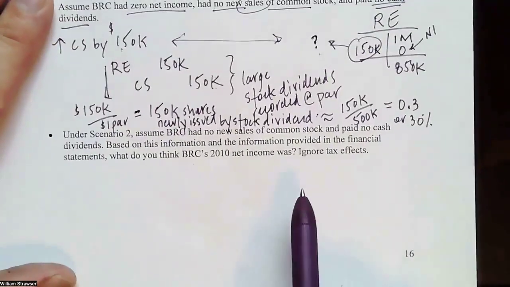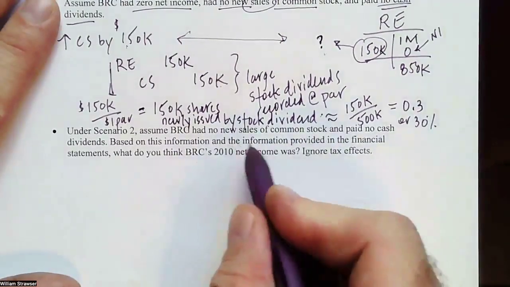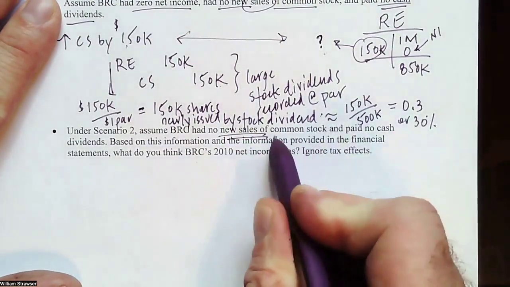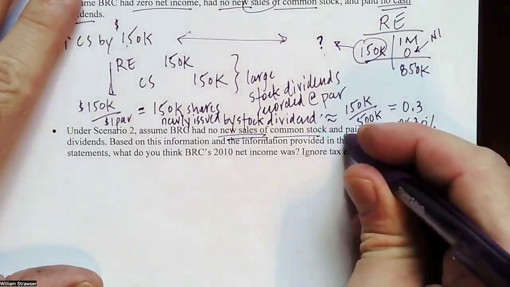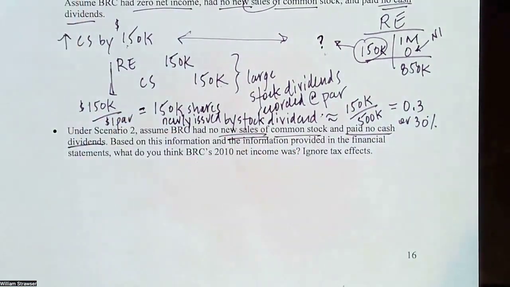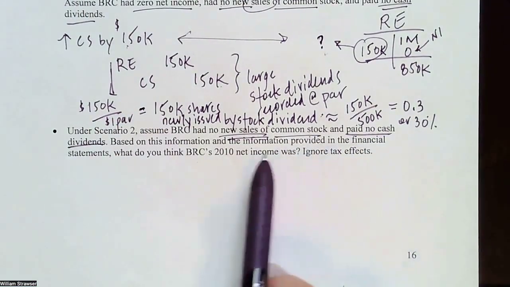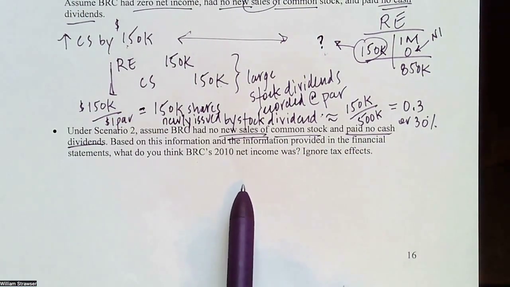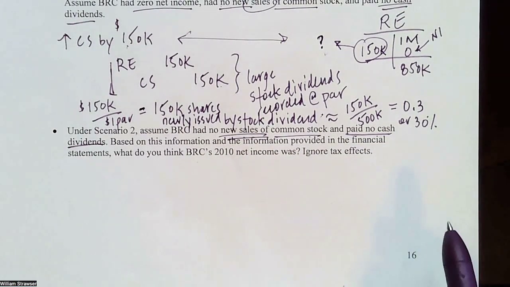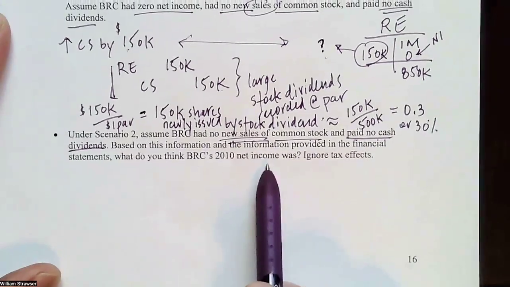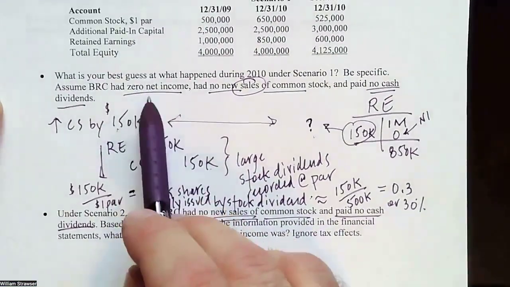The second scenario, okay, again, assume no new sales of common stock. So we didn't issue it for cash. They pay no cash dividends, so we rule that out. Based on this information and that provided in the financial statements, what do you think BRC's net income was? Ignore tax effects. All right. So this time, I relaxed the restriction of zero net income.